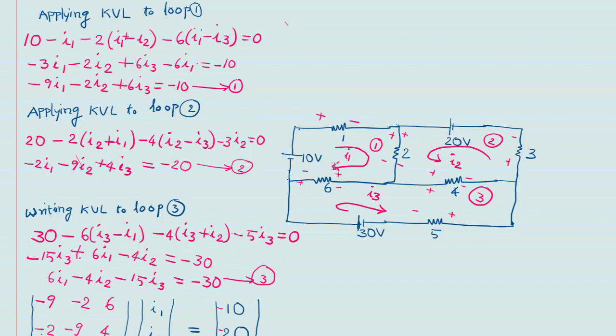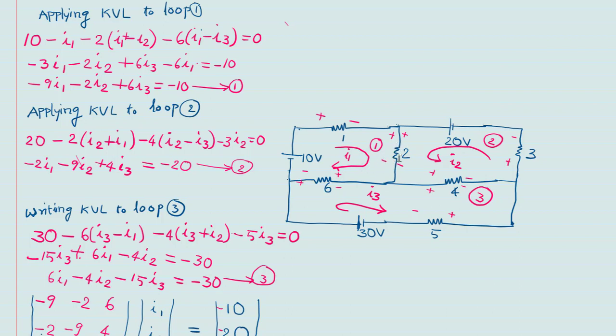Look at this. This is the first loop and the current direction we know. In this current direction, the passive element is the 1 ohm here. The current entering the passive element, we treat as positive and leaving as negative. So plus, minus. Similarly here, this is the 2 ohm resistor. The polarity is like this.